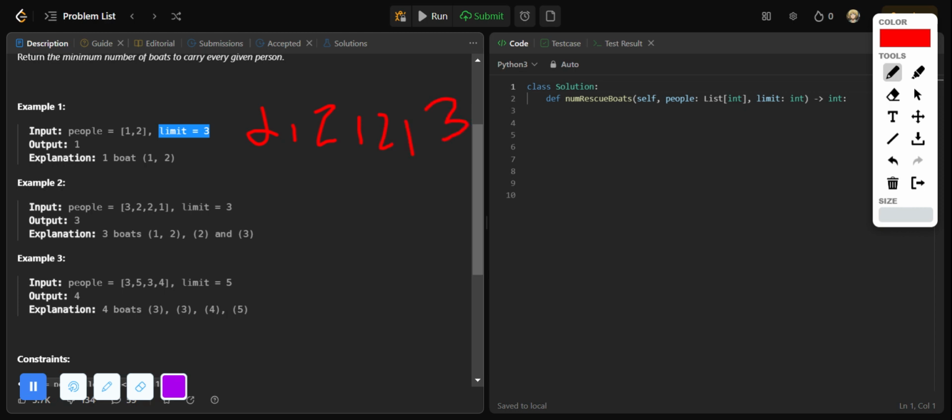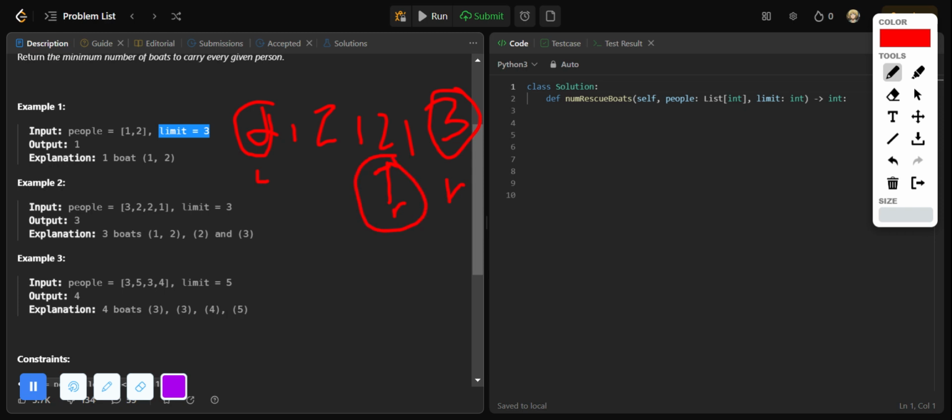And what we're going to do is take the one with the small weight with the one with the maximum weight. For example, we can take one and three, but their sum is greater than three. So we count one boat and move our right pointer to the left. Our left is here, and our right, which was initially here, is now here.